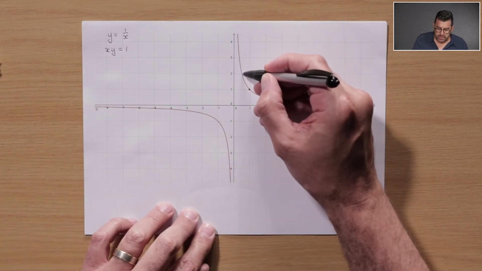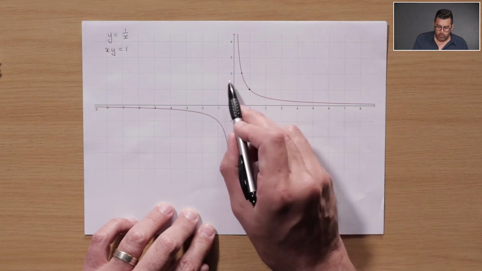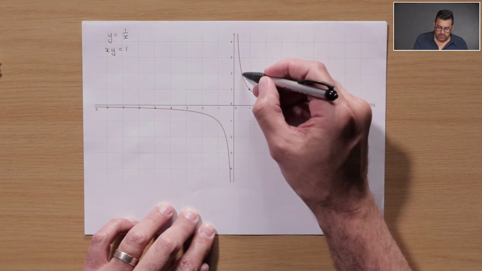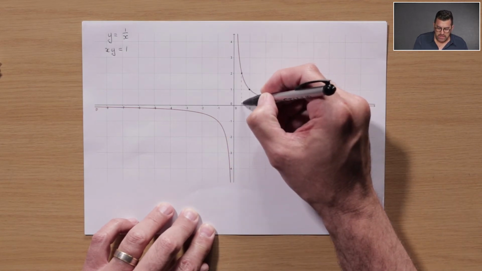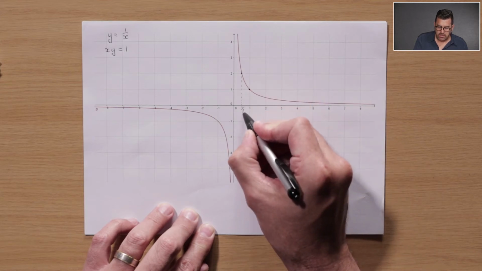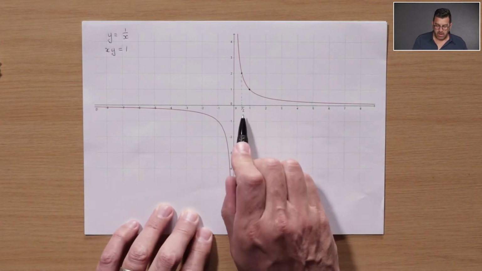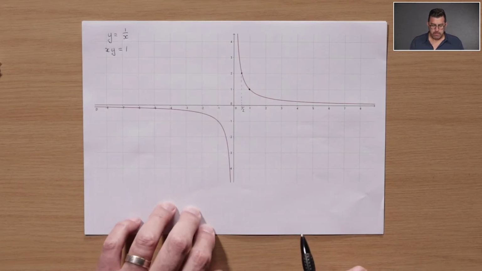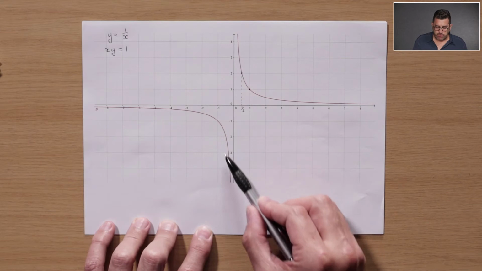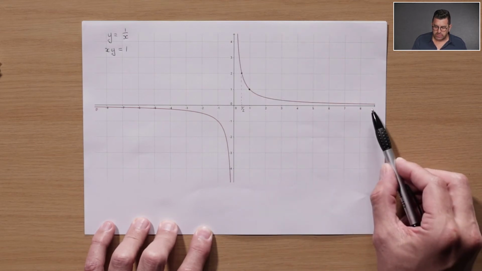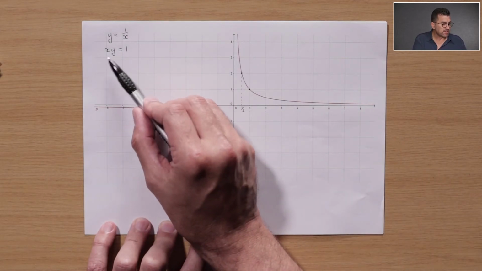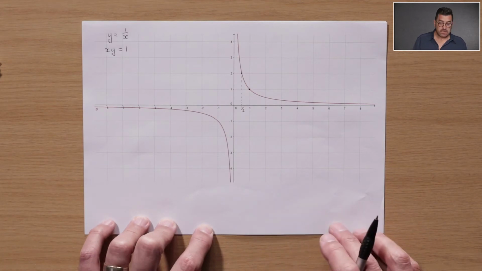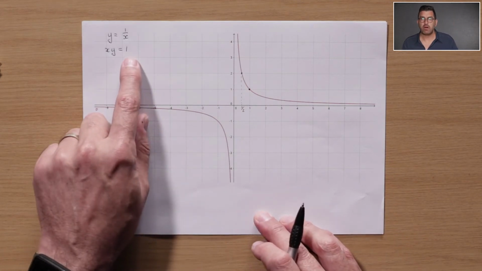If I look at the point that lies over there, the y value is 2, but if I come down here, the x value lies at a half. And yes, a half times 2 is indeed 1. So every point that's represented on this red function is a product of x and y, and it leaves me with a value of 1.